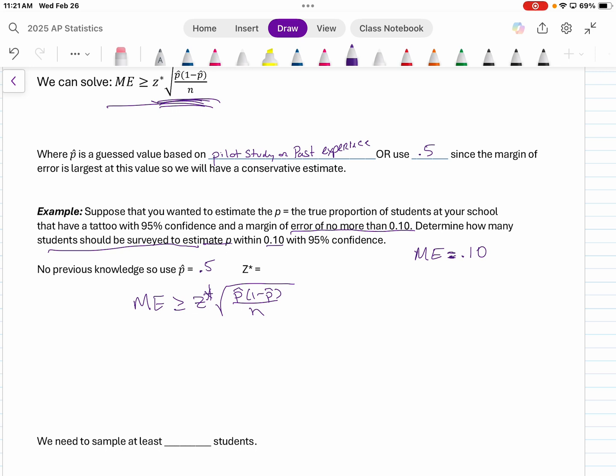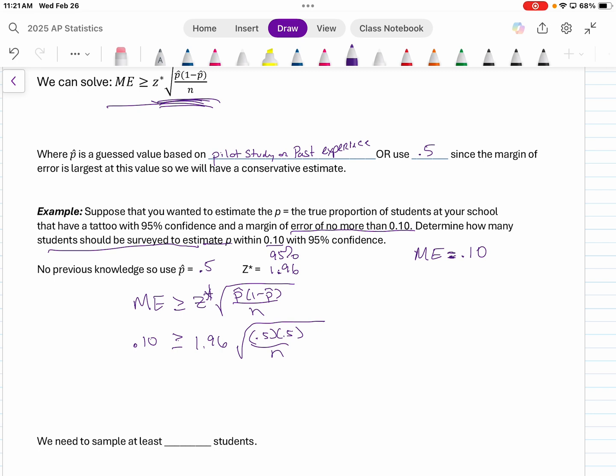My Z star, they do say that it's a 95% confidence interval. I know that's 1.96. Now, if I use the inverse norm and use 1.9599, I'm going to get a more accurate answer. It's going to be a little bit different, and I'll show you that. But I'm going to stay with this. 0.10 less than or equal to 1.96 times the square root of 0.5 times 0.5 over N.